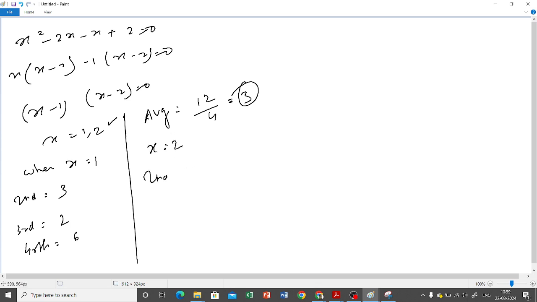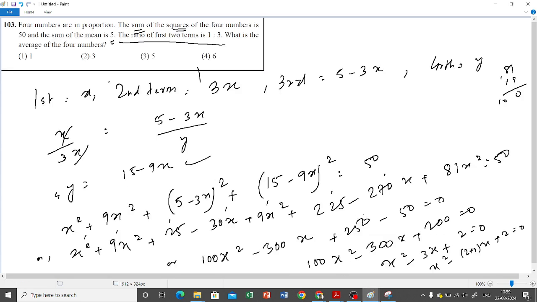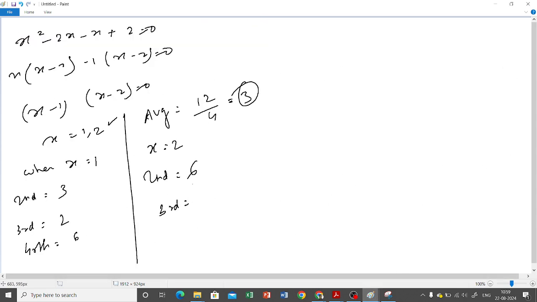Even so, let us test with x equals 2. What is going to be the second term? 3x, that is going to be 6. The third one is going to be 5 minus 3x, so that is 5 minus 6, minus 1, okay. So here it is going to get disrupted. What is the fourth term?